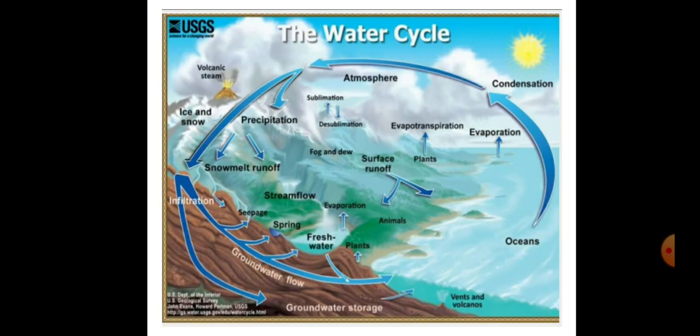Now, this is the water cycle. How the water comes. Water cycle you all know very well. Evaporation, condensation, precipitation. This cycle of water goes on. Different sources are there: oceans, fresh water, springs. So many sources are all engaged here in the water cycle.